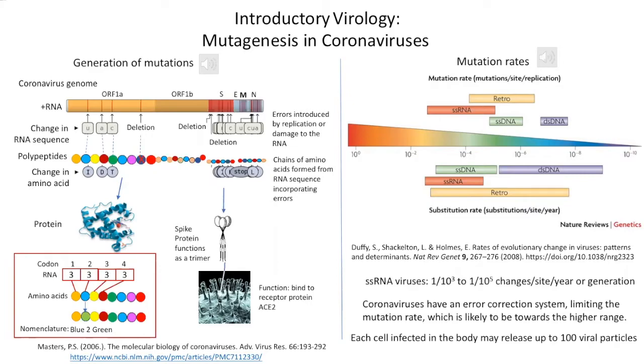So here we would be interested in changes within the polypeptide that actually influenced the interaction site with the receptor. Now these can be either improved or they can have their efficiency decreased in binding, depending on the type of amino acid change that has taken place.